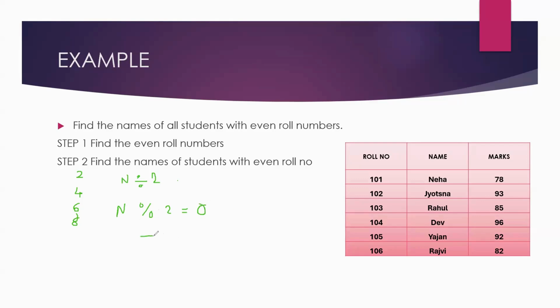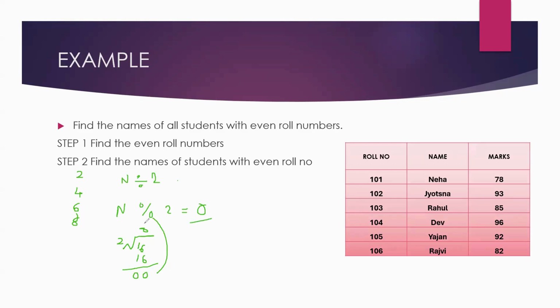Let's suppose we take the number 16 and divide it by 2, it will give us a remainder 0, right? So the modulus operator helps us get this remainder 0.